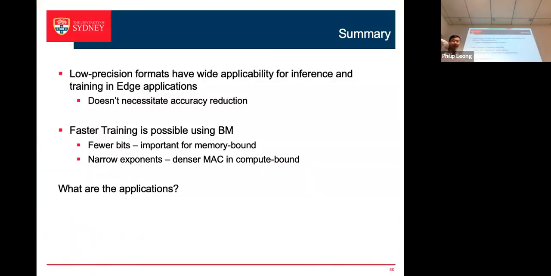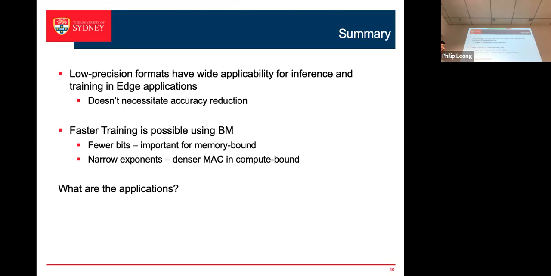So in conclusion, we believe that low precision formats have wide applicability for inference and training in edge applications. Even for training, if you use these low precision 4 to 8-bit formats, it doesn't necessitate a reduction in accuracy. We believe that you can do faster training using block Minifloats.